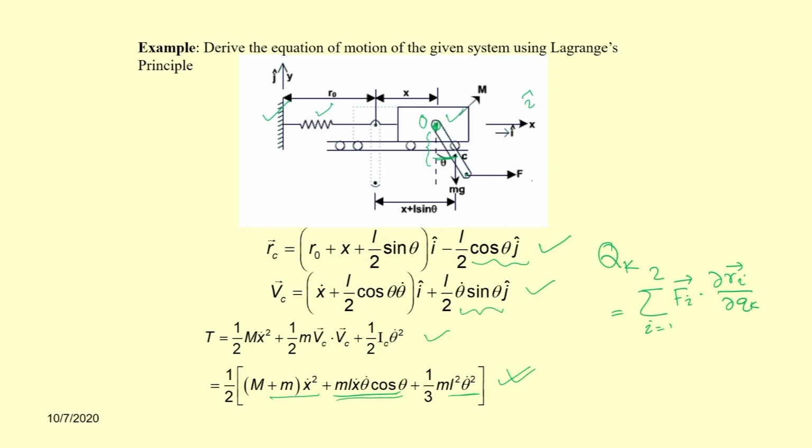Here, assuming the force acting in the horizontal direction, and also you have the weight mg acting downward, taking both the forces you can find the equation of motion.